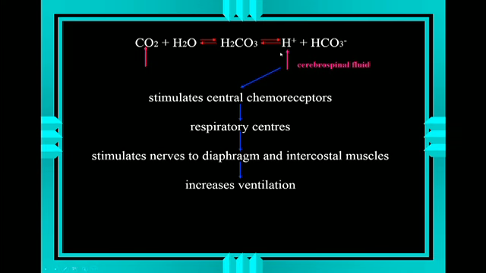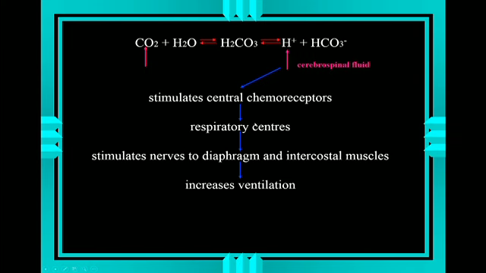This is very dangerous to nerve cells. You don't want the pH to go high or low. It will kill you very quickly. So we need to respond to this change in hydrogen ions in the cerebrospinal fluid, because if we don't, you will die, or certainly lose consciousness and then ultimately die. So it's no surprise that the central chemoreceptors respond to very small changes in hydrogen ion or pH.